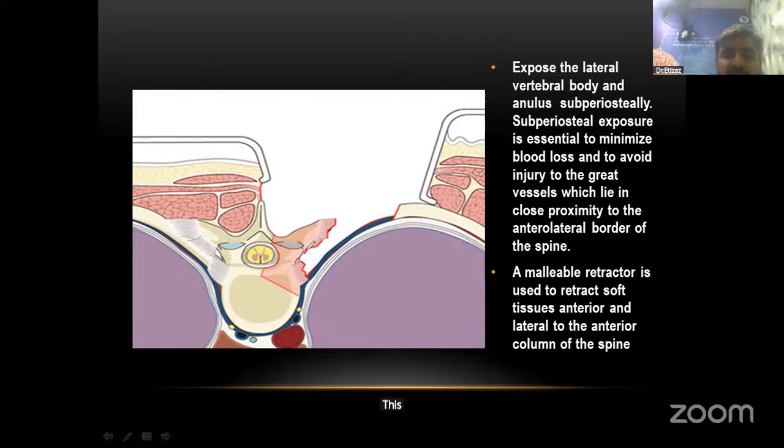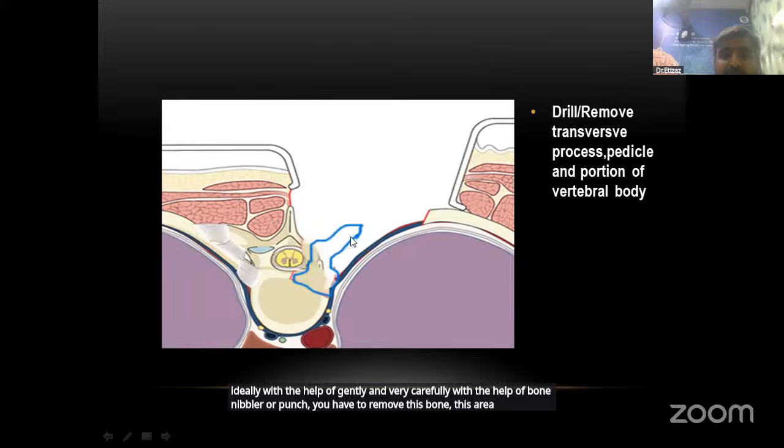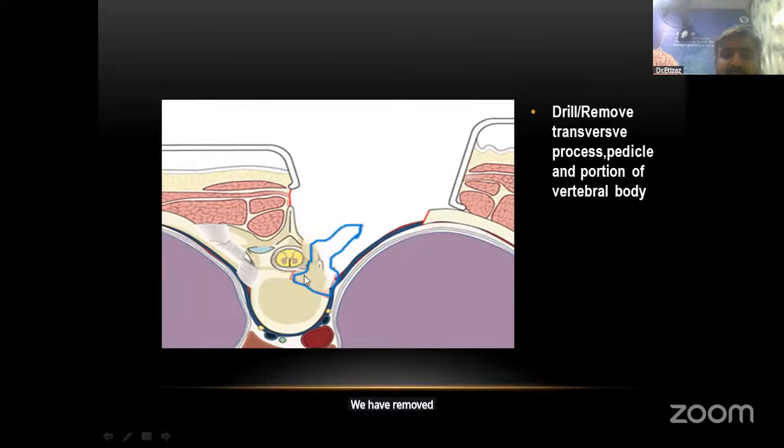This whole portion is now remaining. Then ideally with the help of a drill, or else gently and very carefully with a bone nibbler or punch, you have to remove this bone, this area. Look at here. We have removed this bone, this whole area. Now we are at the level of this disc.